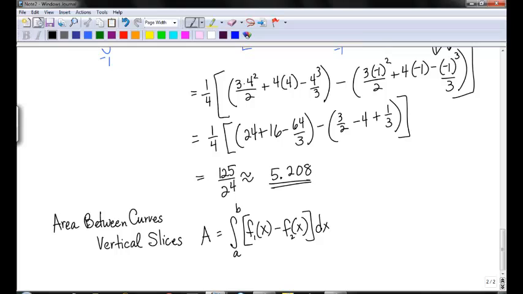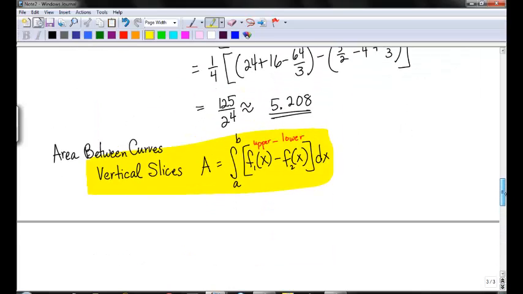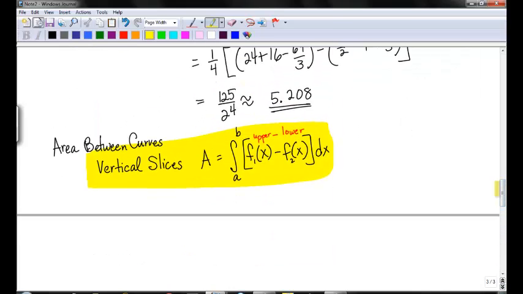And I would put on there, you might put it in a different color, this is the upper curve minus the lower curve. So there's your one for vertical slices. Take a minute and add that one.